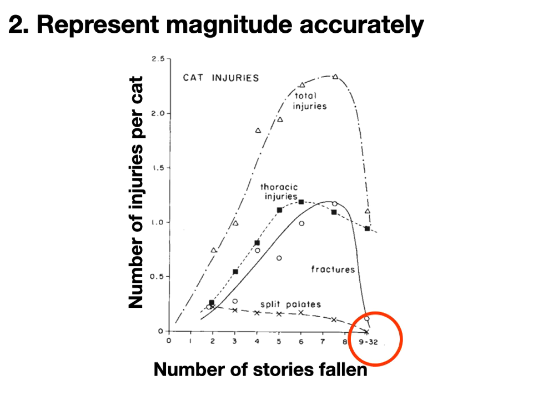But look how it lumps the stories from 9 to 32 into one position on the x-axis. This can be misleading because when we look at a scale like this, the assumption is that intervals along that scale should mean the same thing. So you have to be very careful with doing something different, because by default, the reader is going to assume that those intervals mean the same thing along a linear scale.